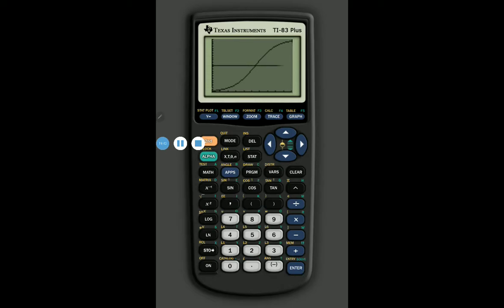So we're starting to see that model curve in here. If I go just a hair more to the right, just so we can see it a little bit better, you're seeing that classic S curve with that. And we're trying to find the intersection. So we can hit second and then trace.